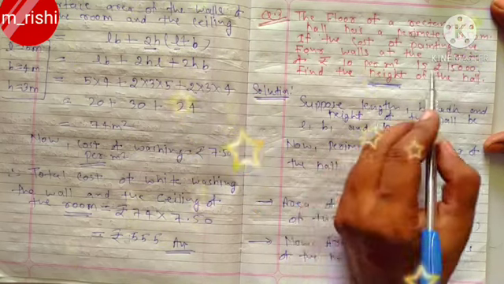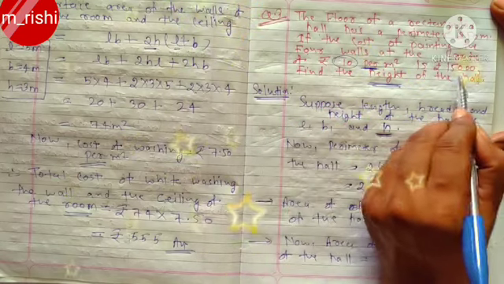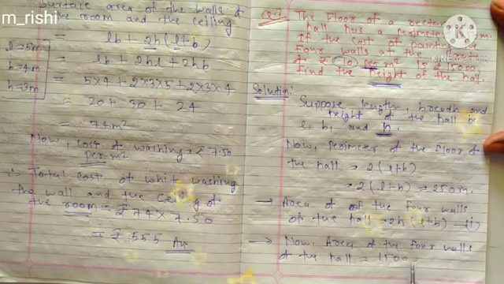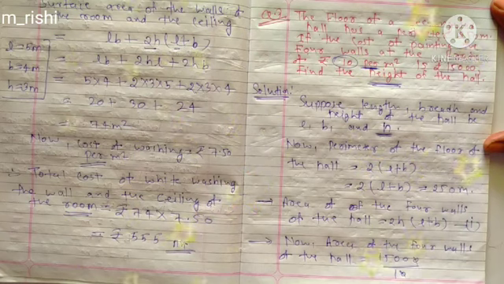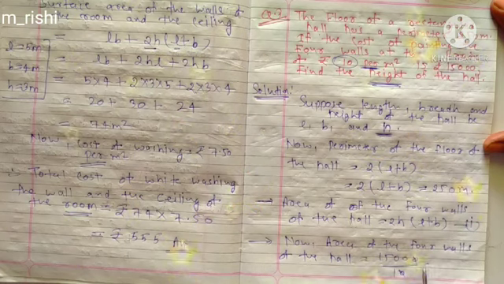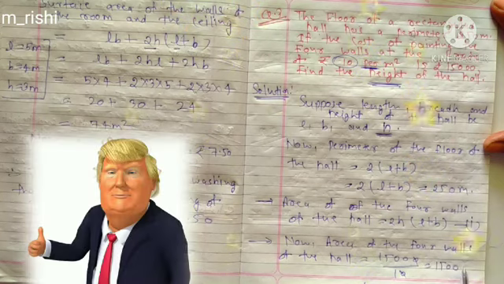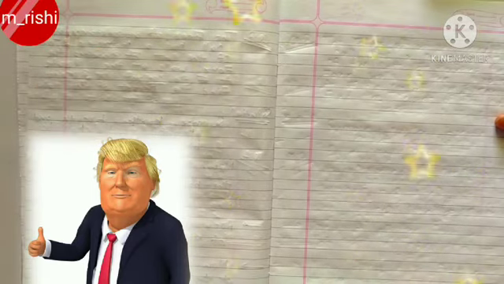Now area of the walls of the hall. Yes, 10 rupees per meter square means 15,000 divided by 10. 10 and 10 cancel, so we obtain 1500. Yes, area means meter square. Yes, 1500.